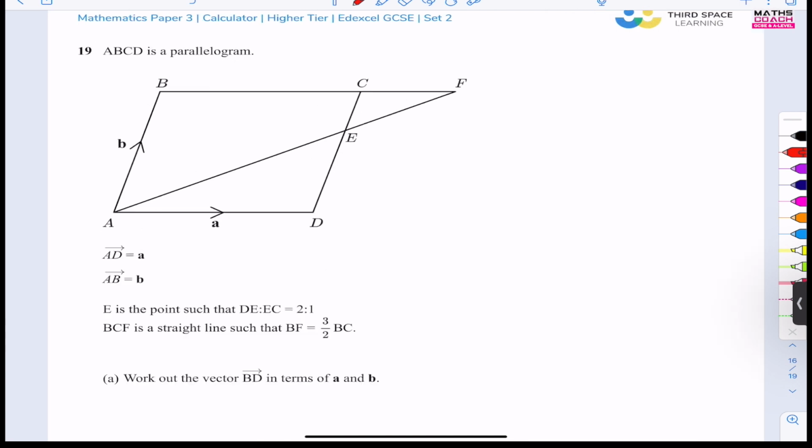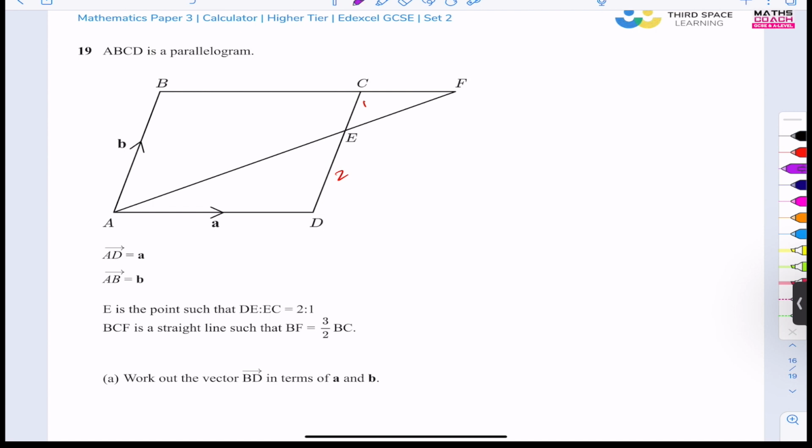Okay, so if we look at this question and start writing down things that we were given in the question, first of all, let's start with E. Looking at E, this right there. We know that D to E and E to C is in the ratio 2:1. So all of this is the same as that because it's a parallelogram, okay? They're the same lengths, all right?